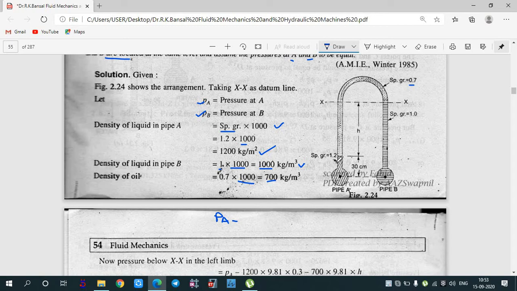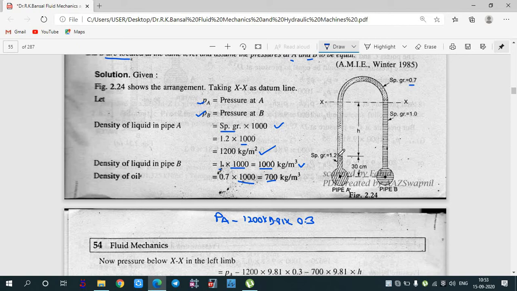So the liquid is having a density of 1200, into g, that is 9.81, into the height. The height of this liquid is up to 0.3 meter. Since it has been given in centimeter, we need to convert it into meter.